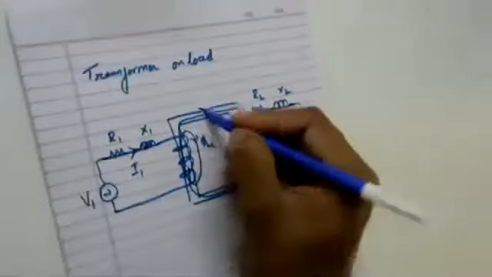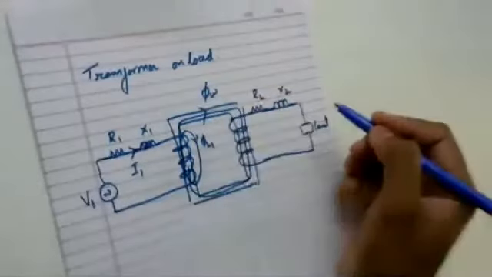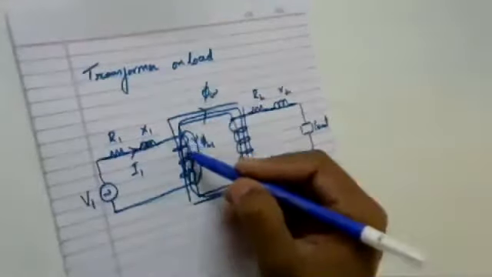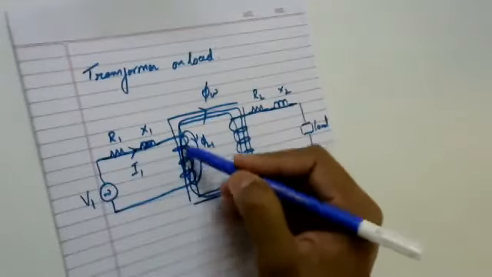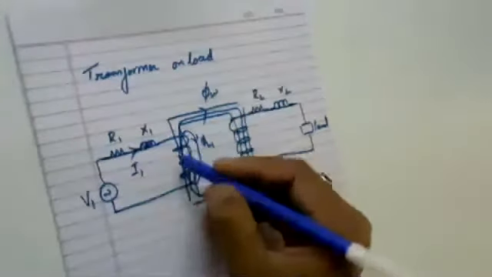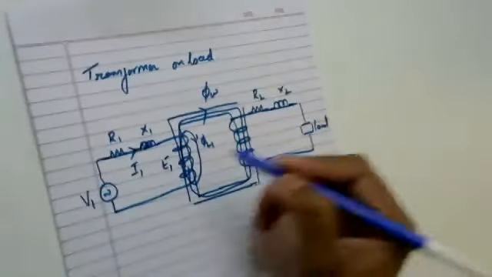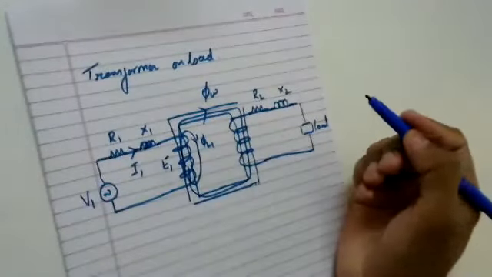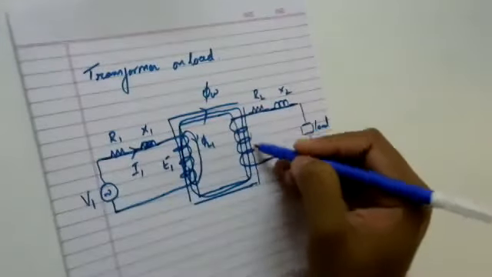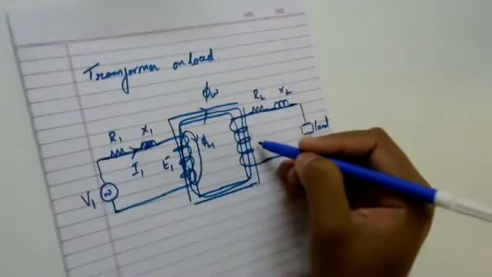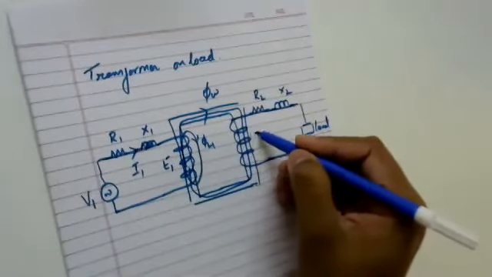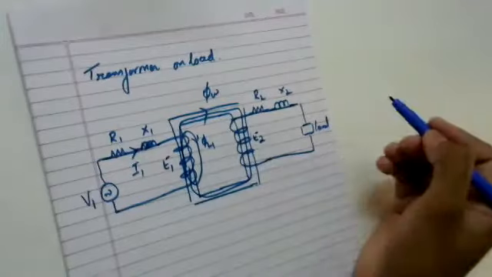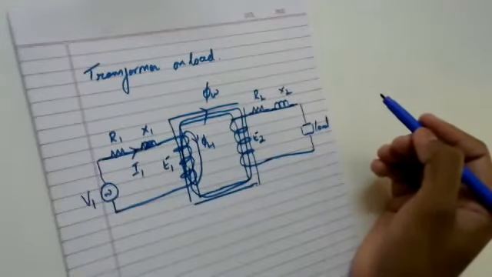This flux we call the working flux. Since an EMF is induced across this winding because of the flux produced by its own, this is called the self-induced EMF. And since one more EMF is induced over here because of the flux linking from primary to secondary, this is called the mutually induced EMF.